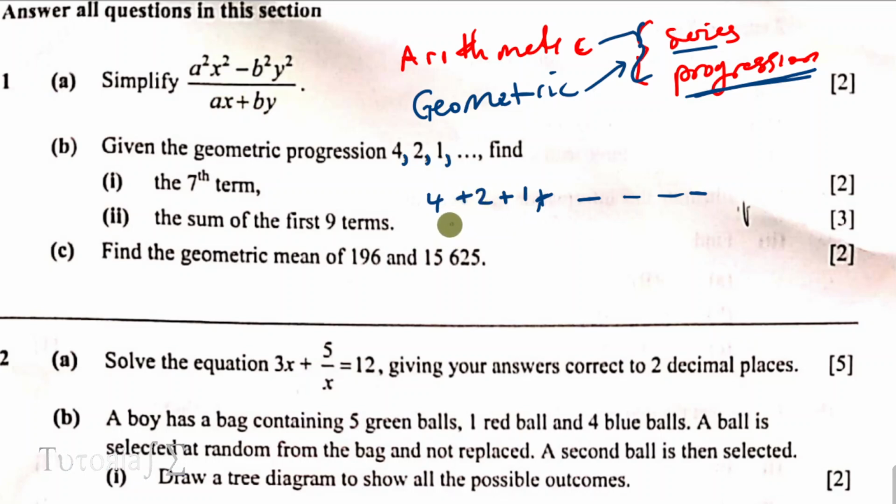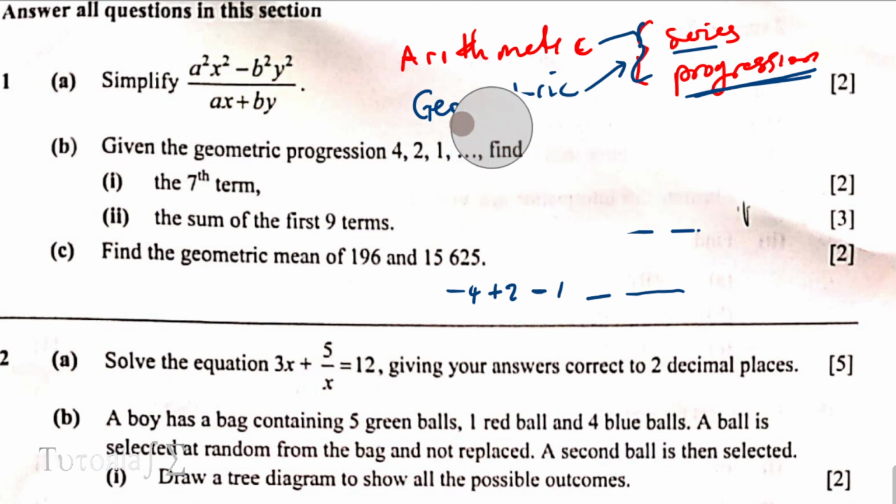It can also be -4, -2, -1, and it goes on and on. It can also be alternating, changing between positive and negative, like 4 - 2 + 1, and so on. So this is an example of a series. A series will have plus or minus in between numbers. A progression will have commas between numbers.